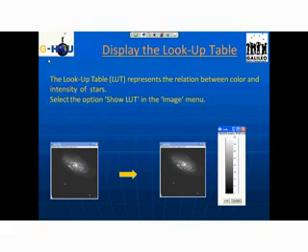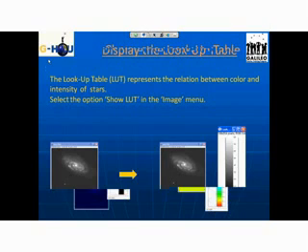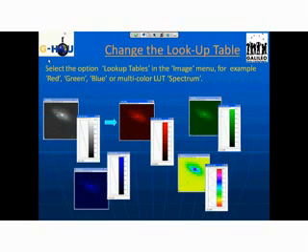If you want to stress the arms, you're going to use another lookup table, or the supernova, etc. So you can play with it for a little bit with the different tables, changing it from red, green, blue, multicolor, whatever you want, and see how the images look different. Okay, so we go to Image, Lookup Table, and then we change it.